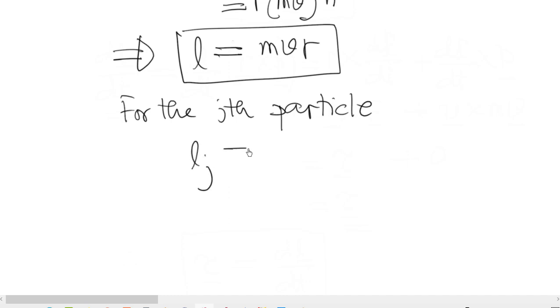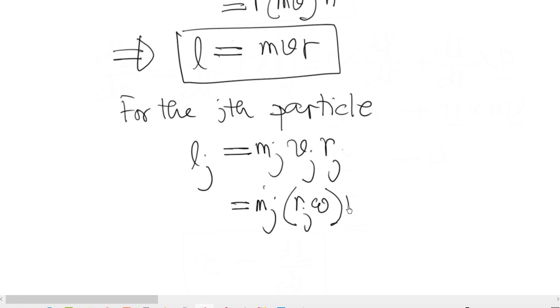We write Lj equals mj vj rj, but we know vj equals rj omega, so it is mj rj omega times rj. We can write mj rj square and then omega.